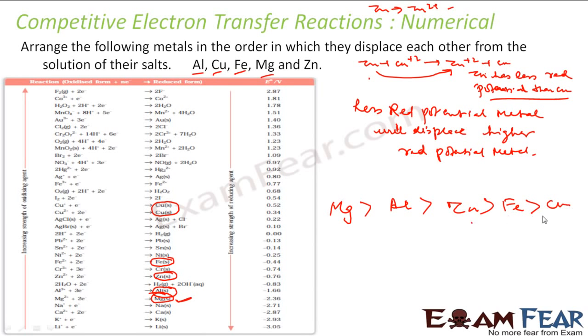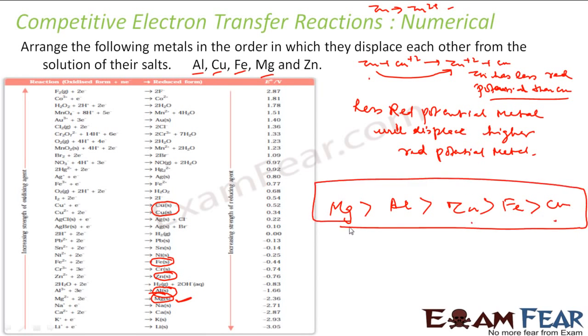And we have seen that zinc can displace copper. That means this series is correct. Correct? Magnesium, aluminium, zinc, iron, copper. Correct? Hope you understand.